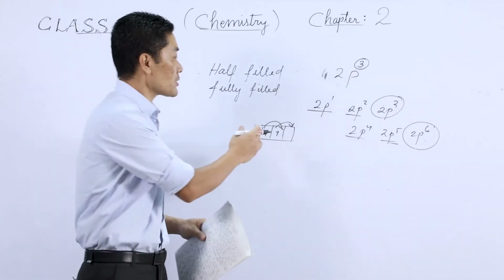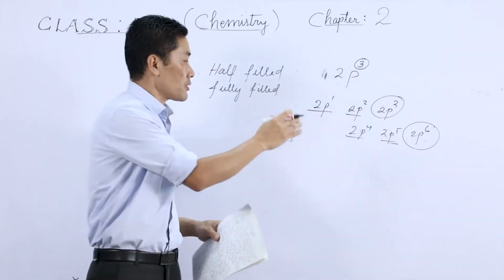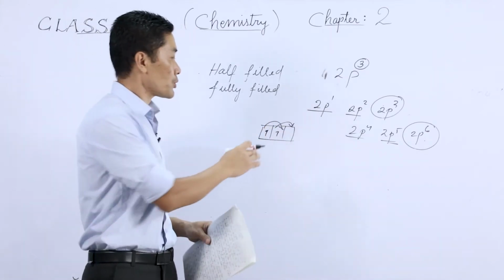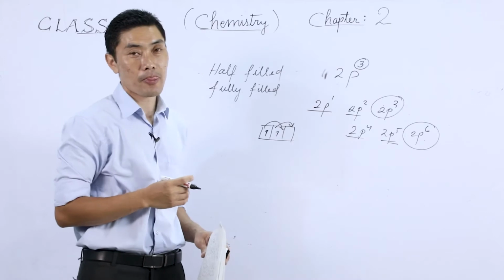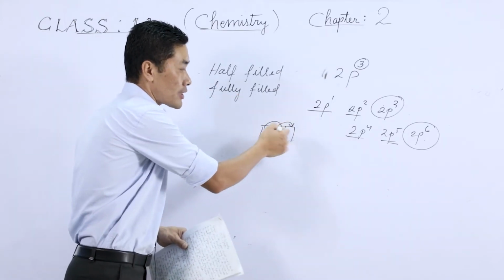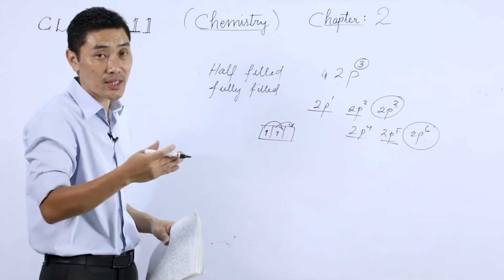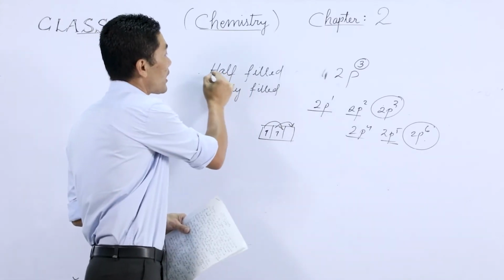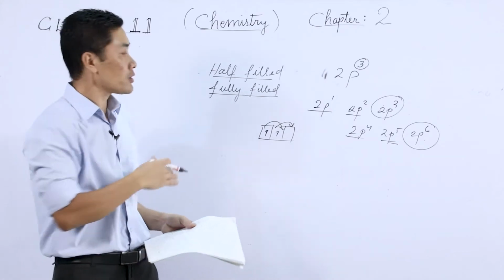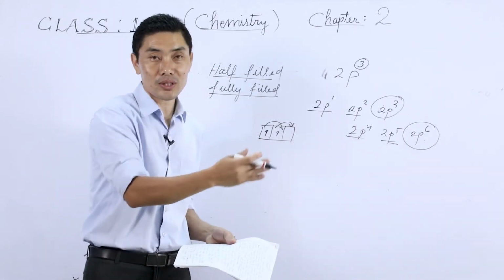And since energy is released, these orbitals become more and more stable due to exchange of electrons. The exchange energy is more in half-filled and fully filled orbitals. And when this is more, they will be more stable.